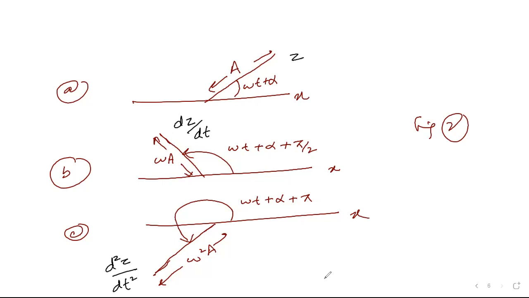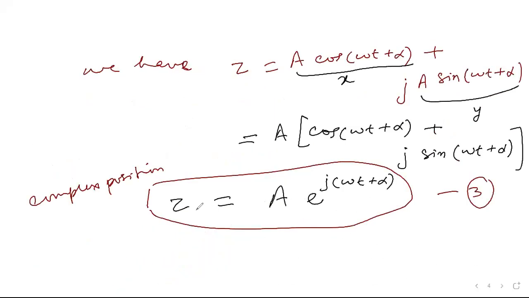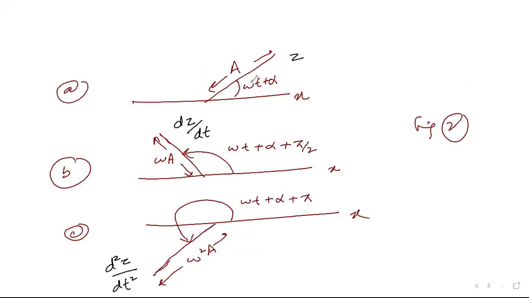Now understand it. Let us move to the complex position z. The vector representing it will have length a, and it will make angle omega t plus alpha with the x-axis. So we have shown that it has length a, and it makes angle omega t plus alpha with the x-axis.